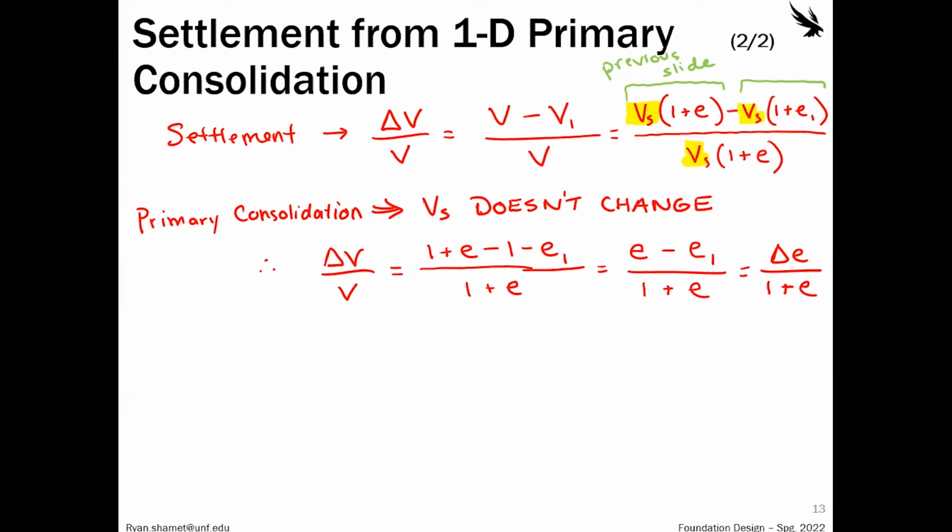Since we are assuming 1D, we're in one dimension here. This is from before: our delta volume is really just the change in height.